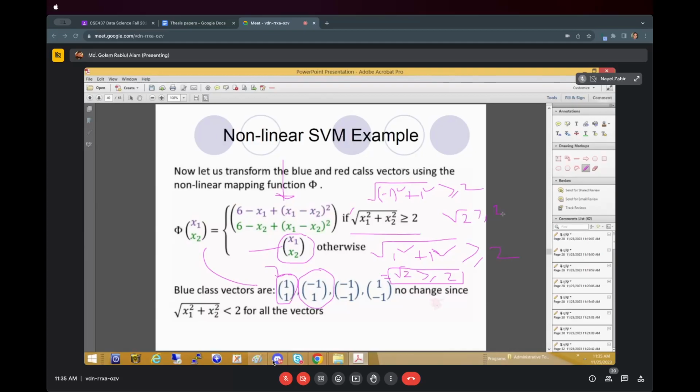Is it greater than or equal to 2? No, false. So we will not change it; we keep it as it is. Similarly for that data point also, the point will not change its position. It will remain in the same position.